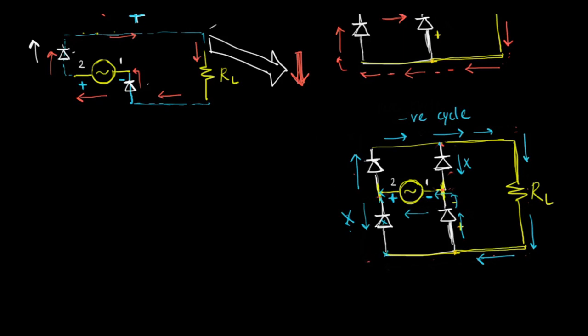Okay, so what path did our current take now? Let me remove the other paths that I drew. What is the path that our current took? You can just notice the blue arrows that I drew.